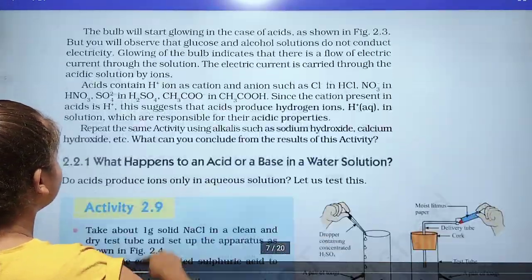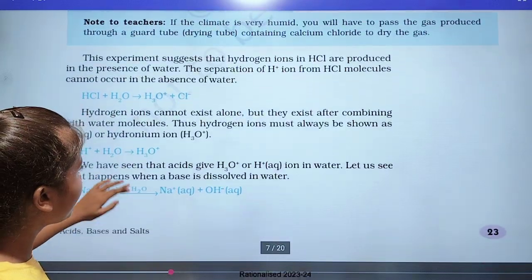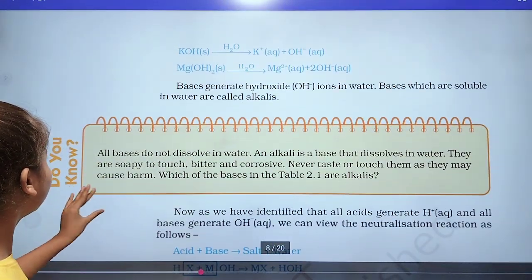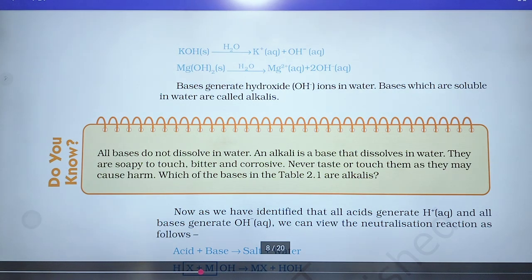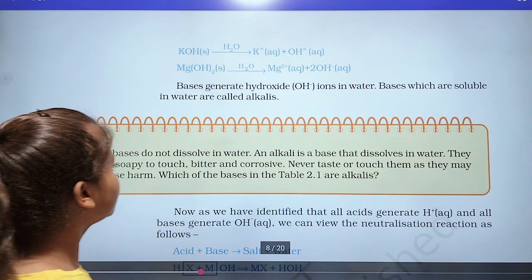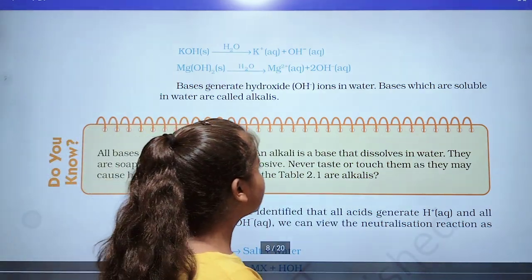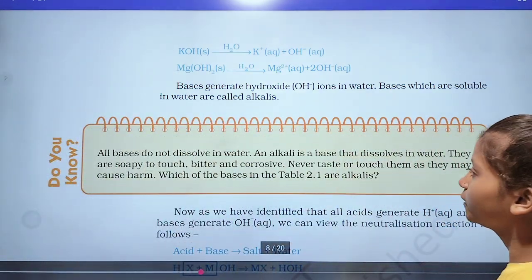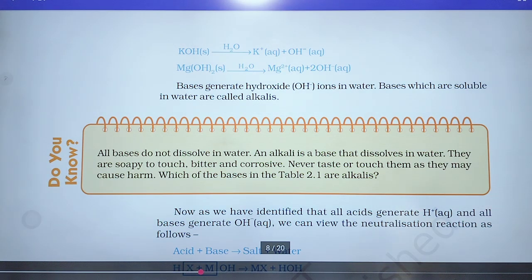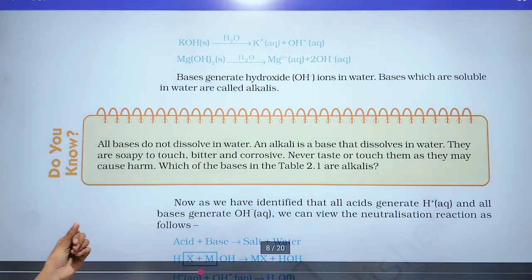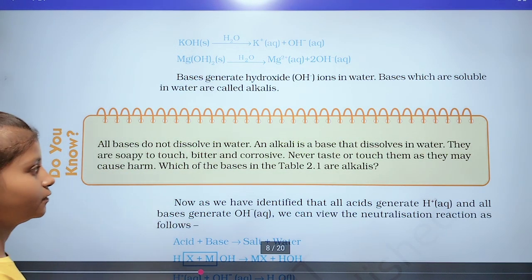Now let's read more about this. This one is a very important thing. Did you know? All bases do not dissolve in water. It means all bases cannot be dissolved in water. An alkali is a base that dissolves in water. They are soapy to touch, bitter and also corrosive.